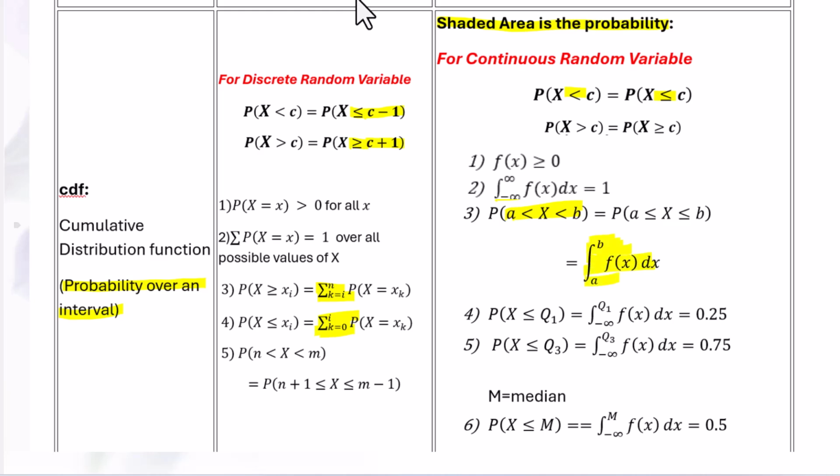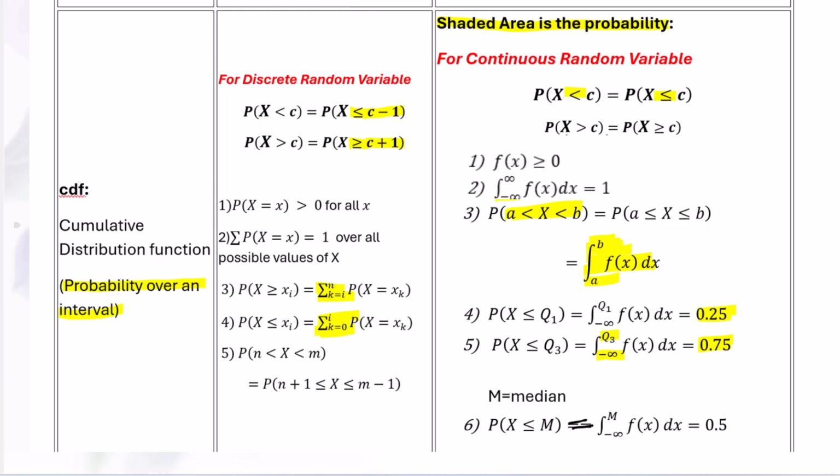For the first quartile, the integral from negative infinity to the first quartile of f of x dx equals 0.25. The integral from negative infinity to the third quartile of f of x dx equals 0.75, which is 3/4.